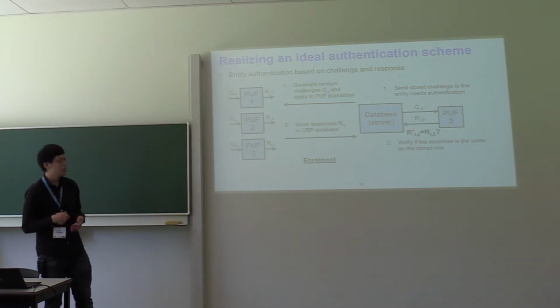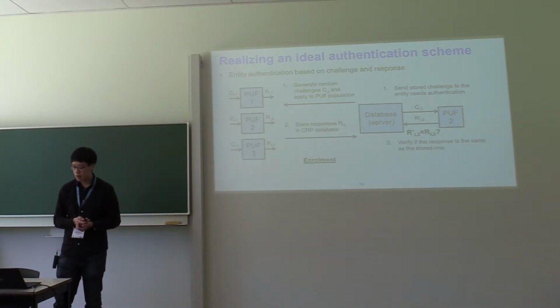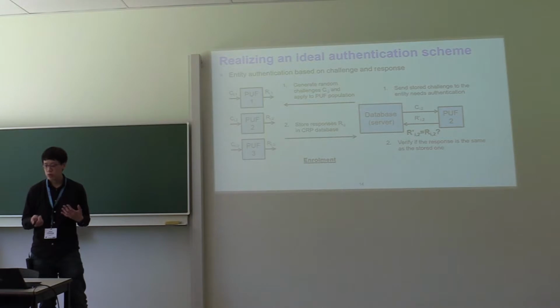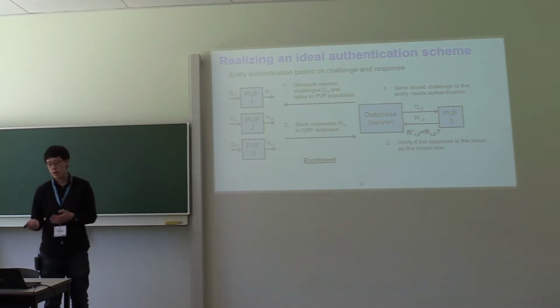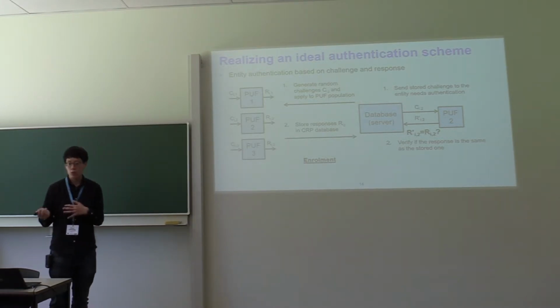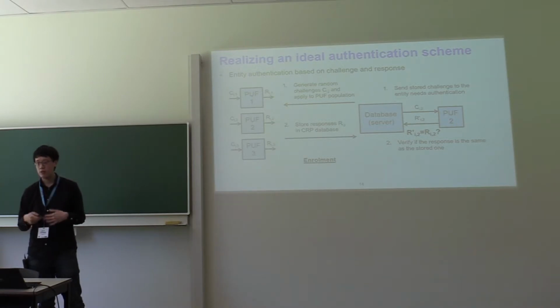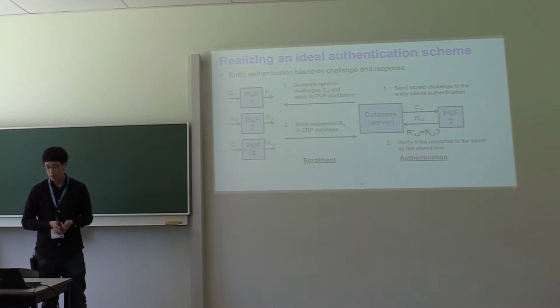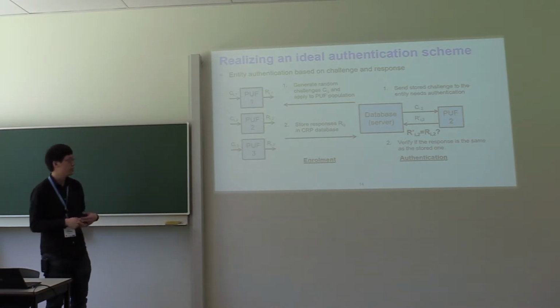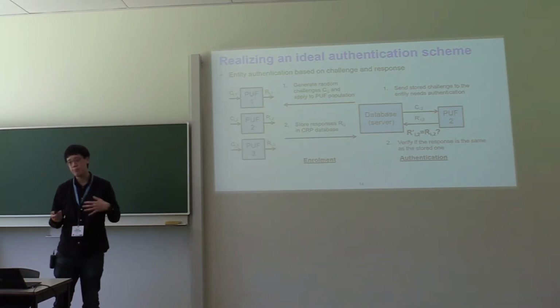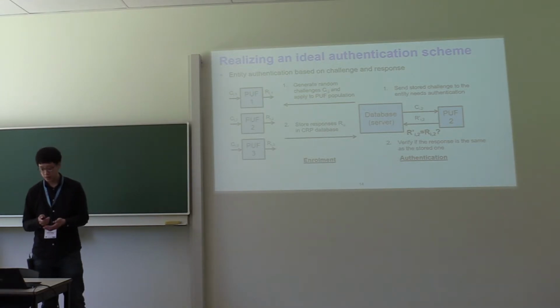The device generates the response based on this challenge, and the server determines if this is the device it knows based on whether the response is the same as the one stored in its database. So there can be an enrollment and authentication based on these strong PUFs.